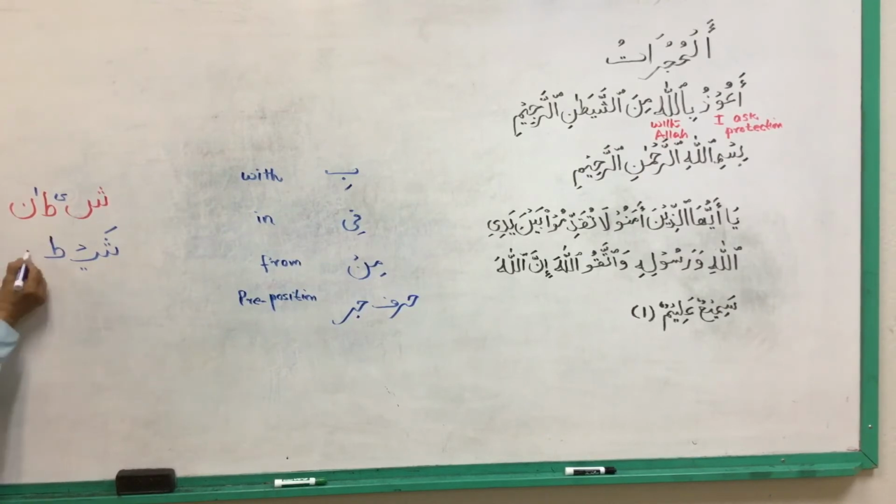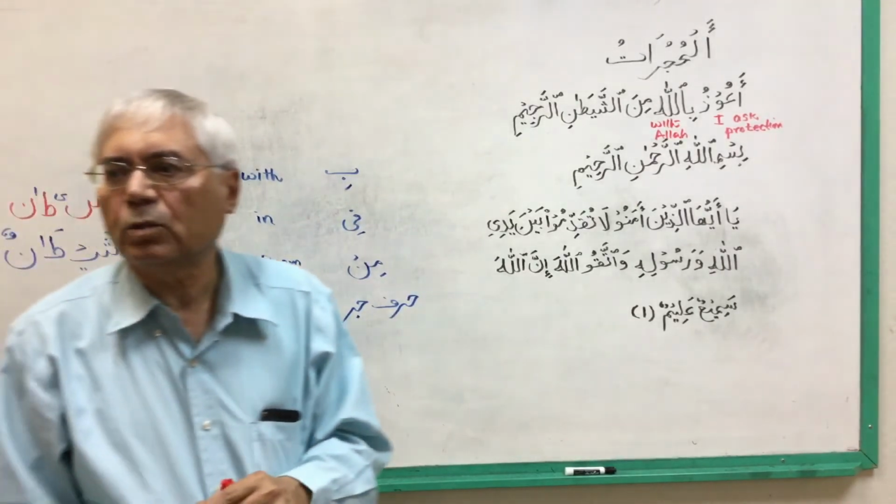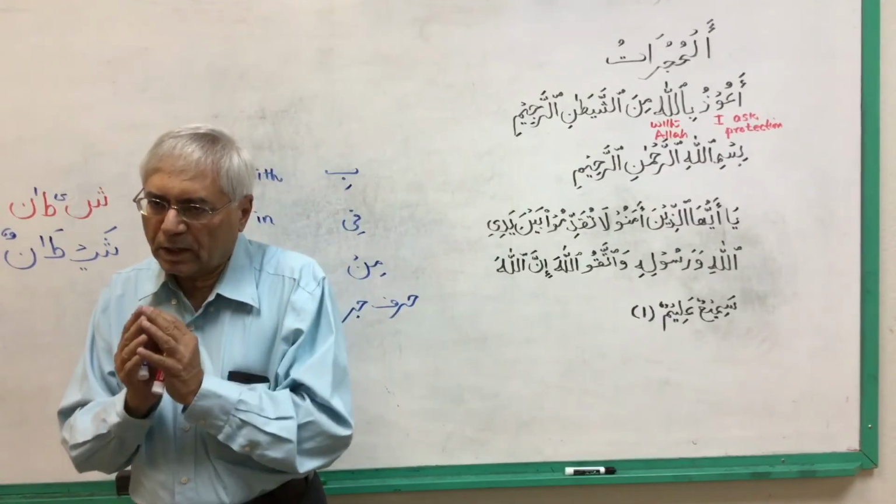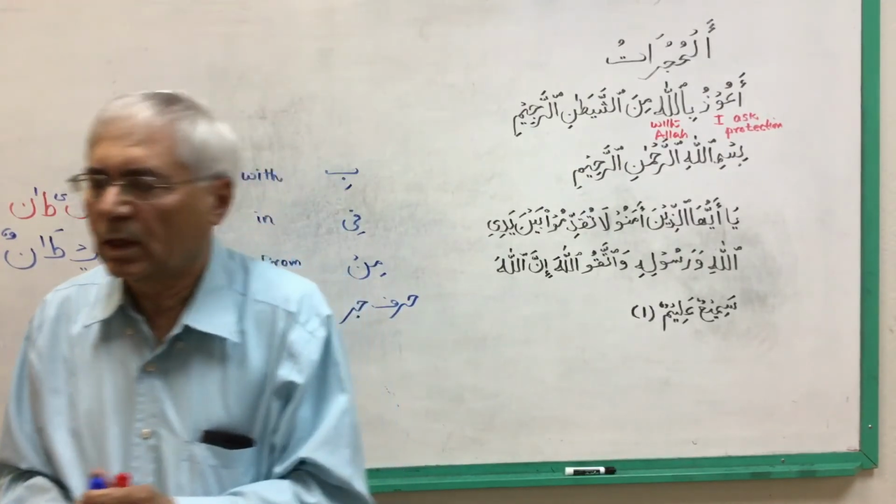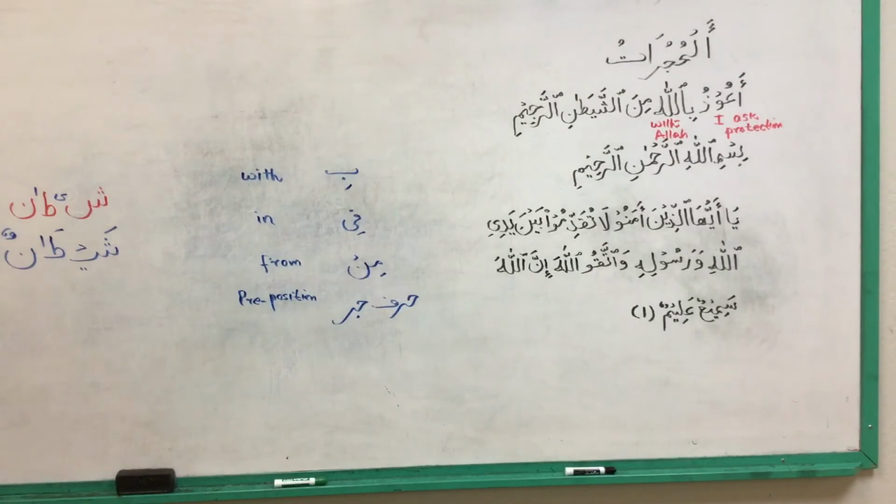ta. This alif I can write this way. So it becomes shaitan, and always two dhammas at the end. The full word is shaitanun. Shaitanun is a person who rebels. A rebellious person.